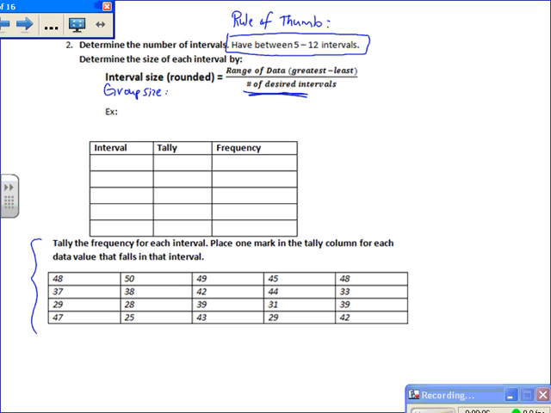Let's go ahead and look at our range first for this particular question. Let's find the range of test scores. I want to know from my lowest score to my highest score, just to give me an idea of the range of data that I'm working with. Remember that your range is your biggest value minus your smallest value. So in this case, it's our biggest mark minus the lowest mark.